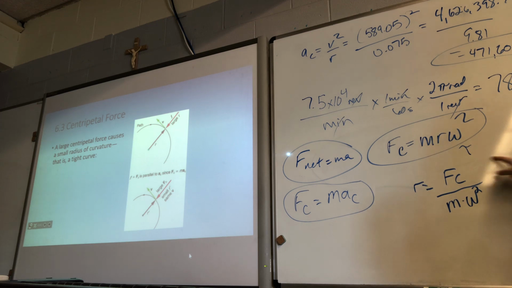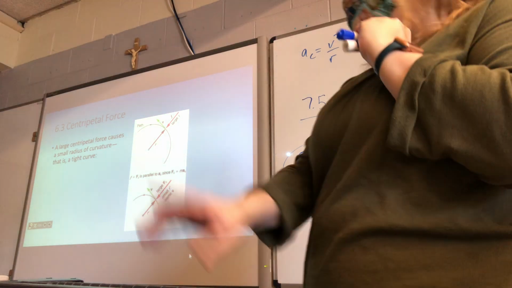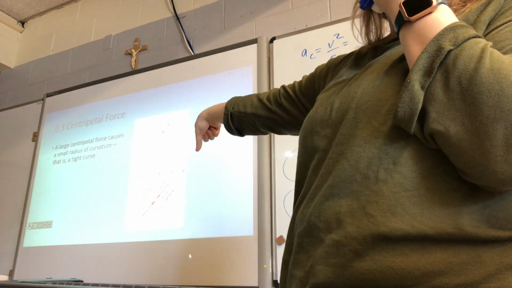So the overall radius to force relation depends on both mass and angular velocity as well. If you're going really fast, if this number is really large, this number gets smaller. That is why this says what it says.